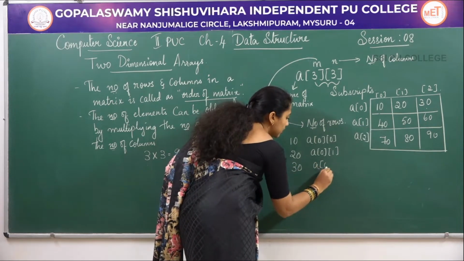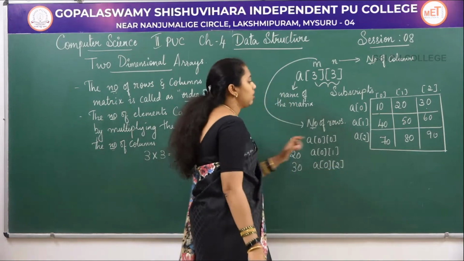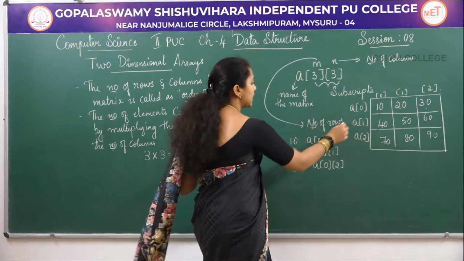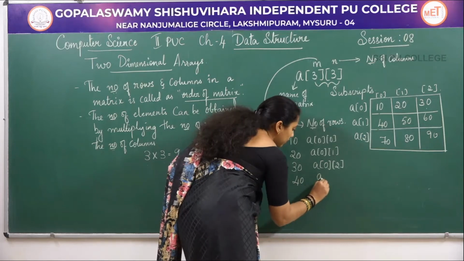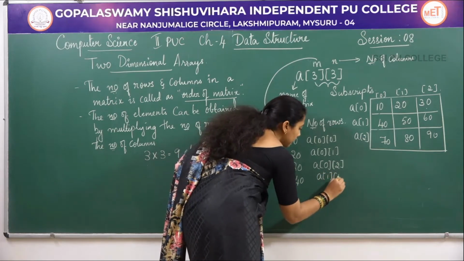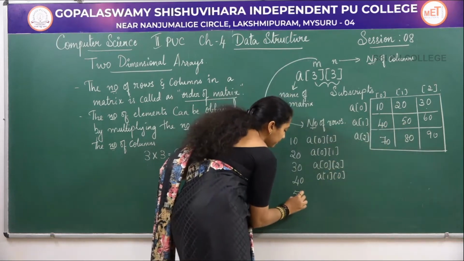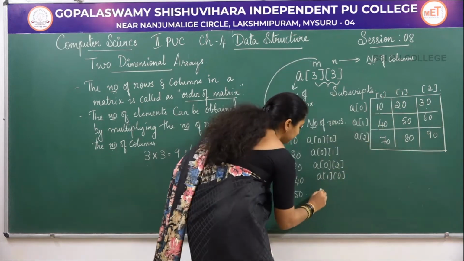A of 0, 2. What is the position of 40? The position of 40 is A of 1, 0. What about 50? A of 1, 1.